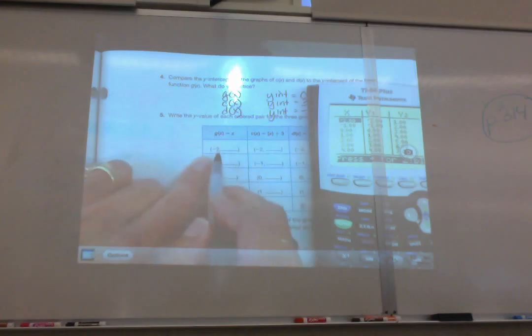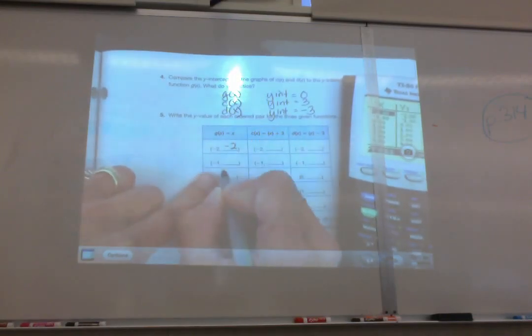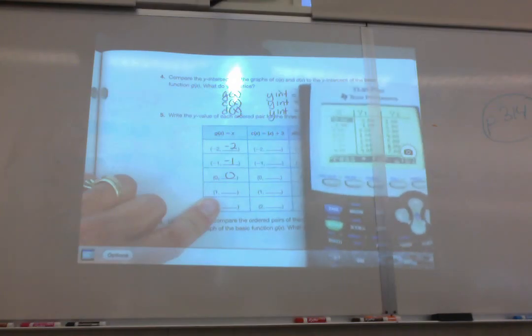For this one, when x is minus 2, what is y? You see it in the y1 column for the table. Negative 2. And when x is minus 1, what do you see in the y1 column? Negative 1. When x is 0, 0. I'm working my way down.